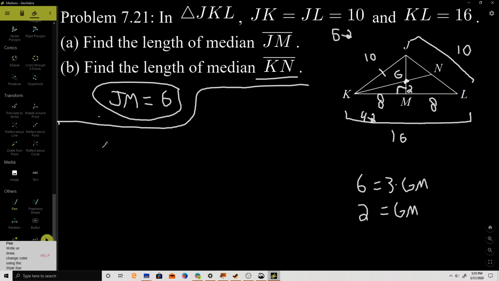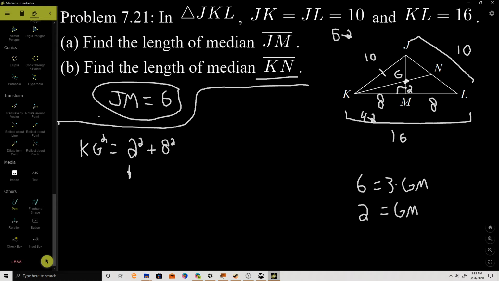So KG squared is going to be equal to 2 squared plus 8 squared, because we have that right triangle KGM, where KG is the hypotenuse. 2 squared is 4, plus 64 is equal to KG squared.